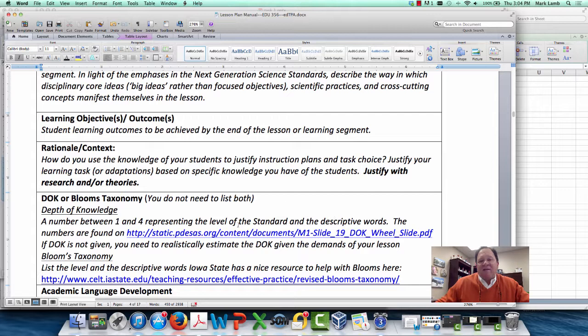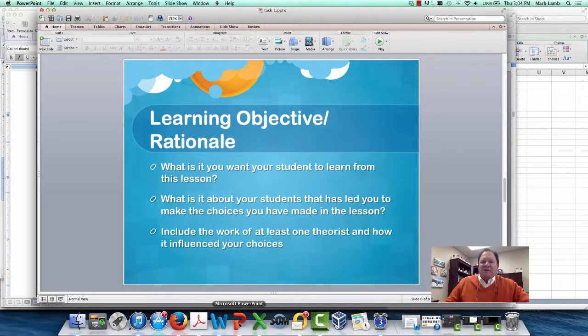The rationale or the context is what is it about your students that has led you to make the choices that you've made in planning out this lesson. So you've chosen to do a cooperative learning activity. Why? Why did you choose that instead of some other strategy?